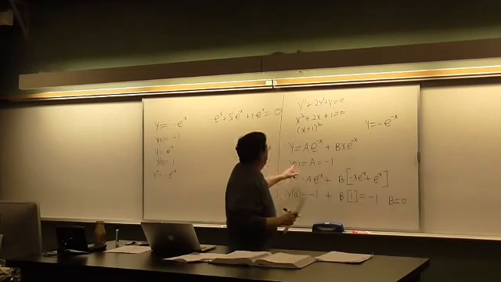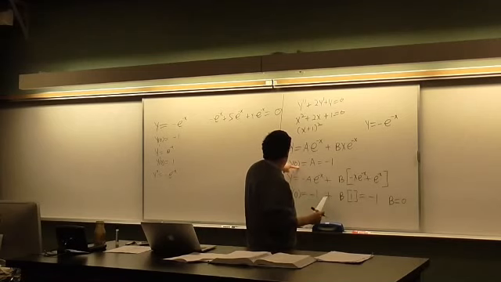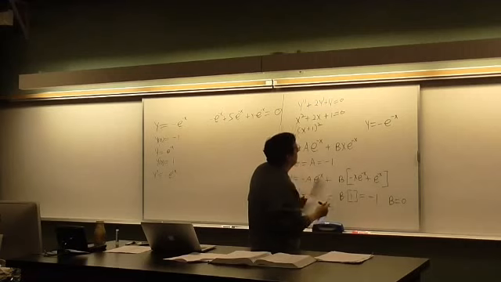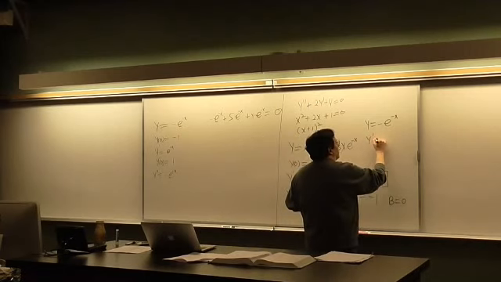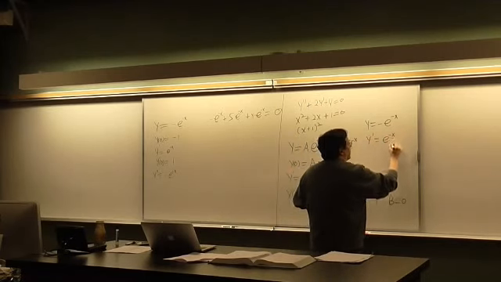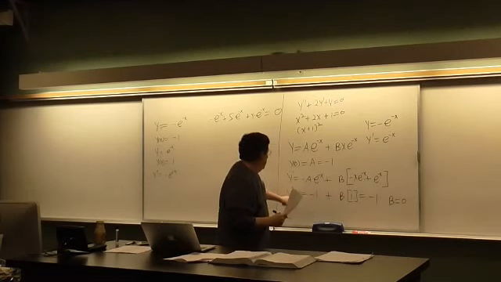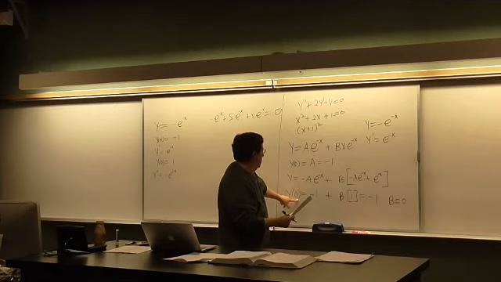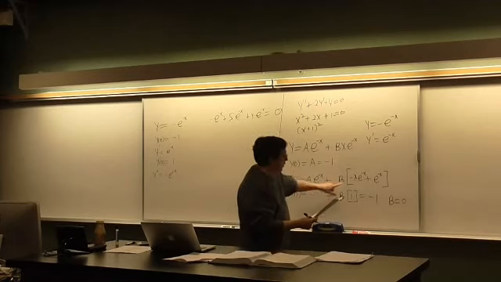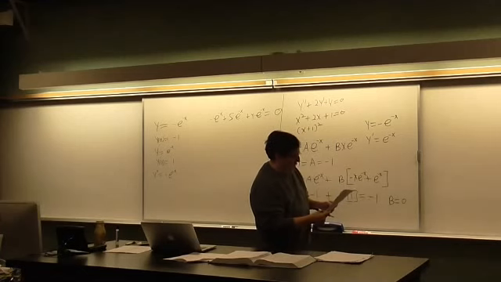Let's see. At 0, it's minus 1. Derivative is e to the minus x. So at 0, that's 1. Okay. Wait a minute.